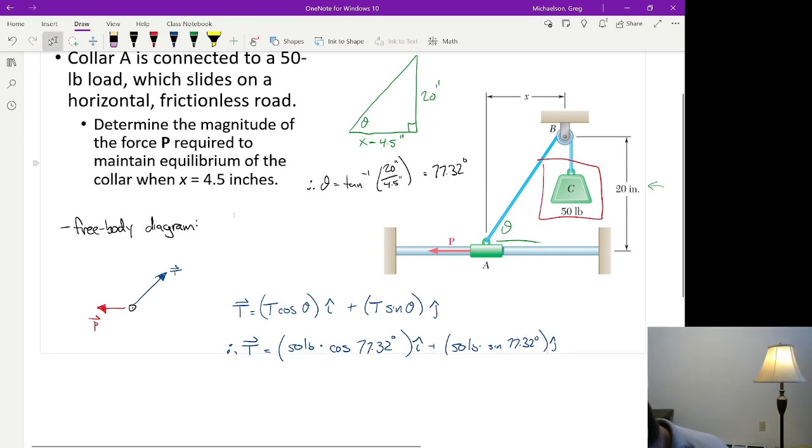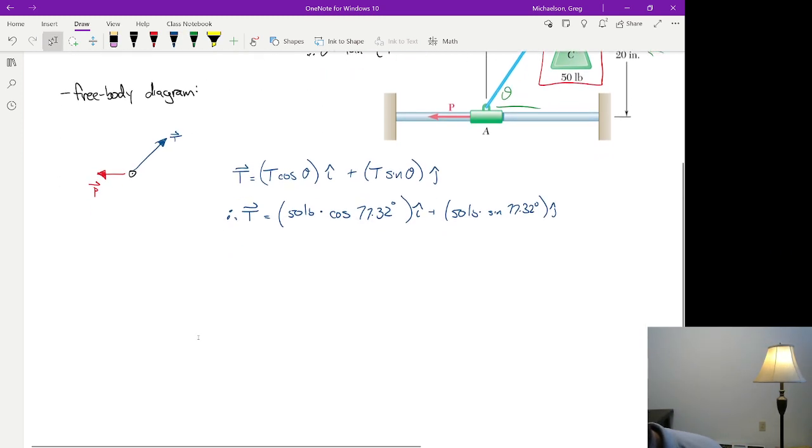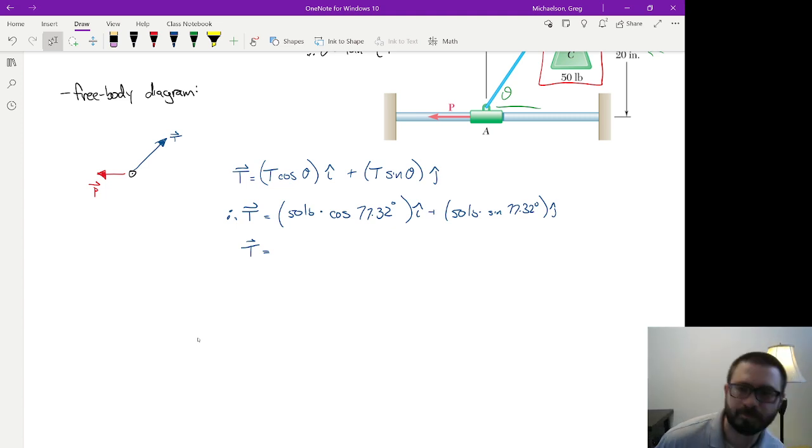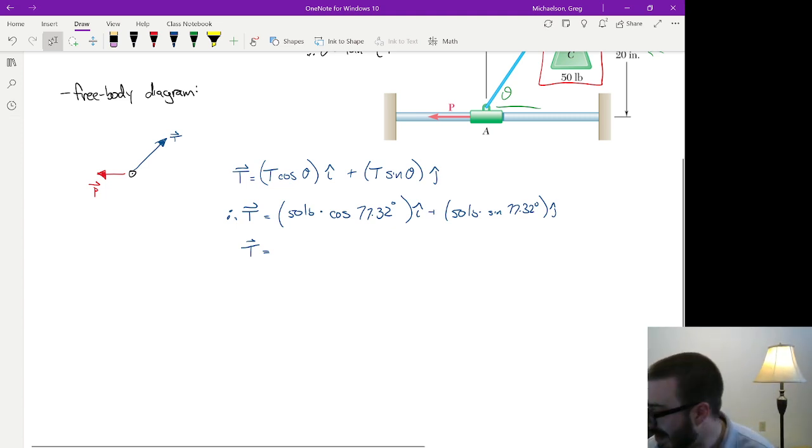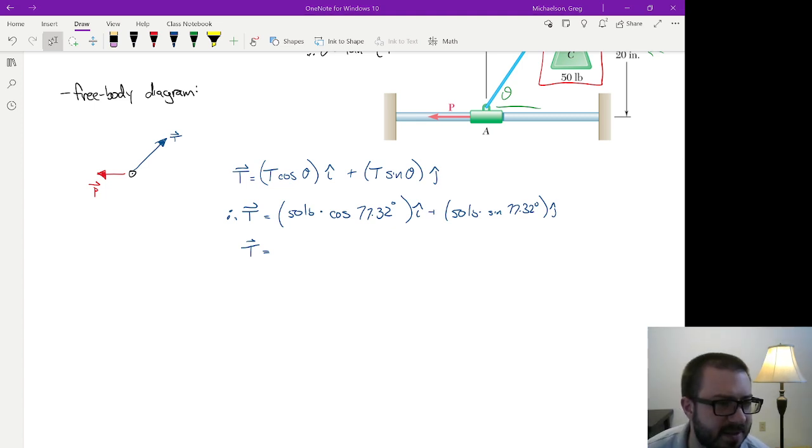Okay, let me scroll this down. So if I chug this out, I get, let's see, I actually didn't do that, but that actually doesn't matter. But let's do that over here on the side. You'll like what I'm going to do here.